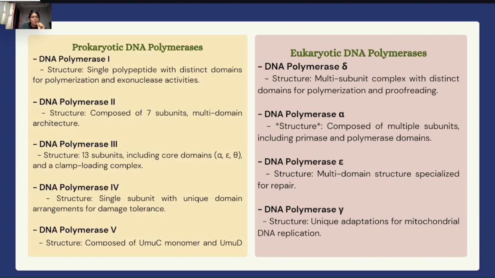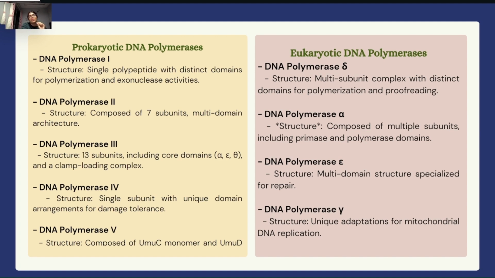About two, it's composed of seven subunits, with a multiple domain architecture. And talking about three, it has 13 subunits, including the core domain and a clamp loading complex. Polymerase 4 is a single subunit with a unique domain arrangement for damage tolerance. And polymerase 5 is composed of UmuC monomer and UmuD monomer.